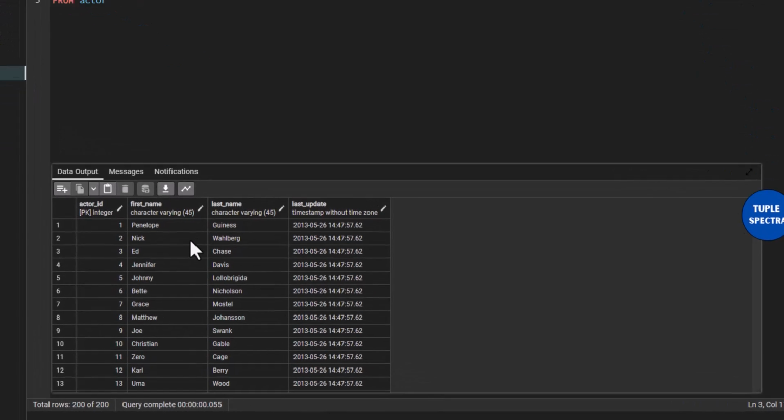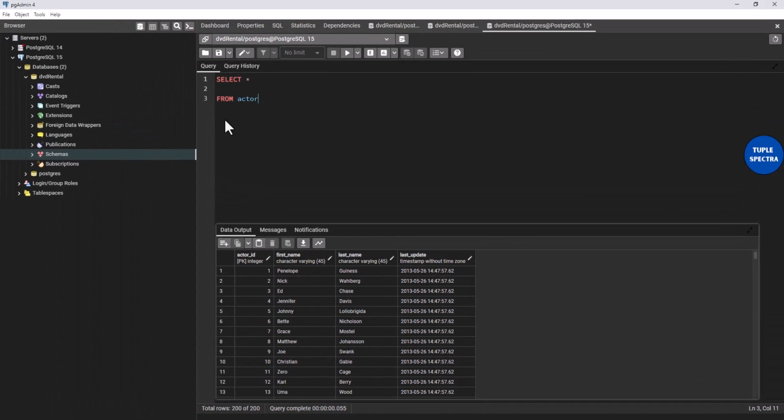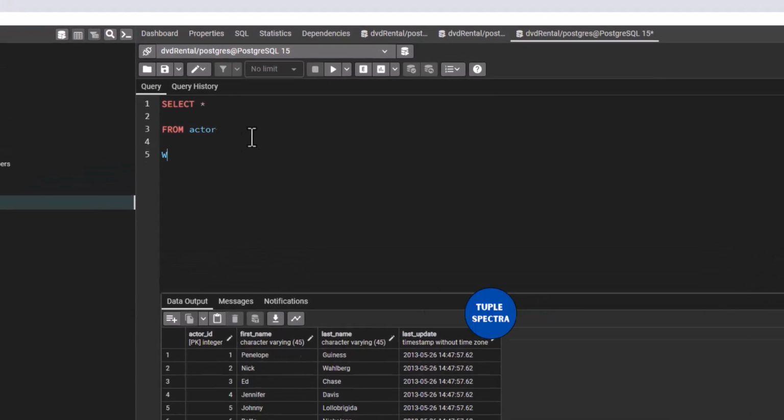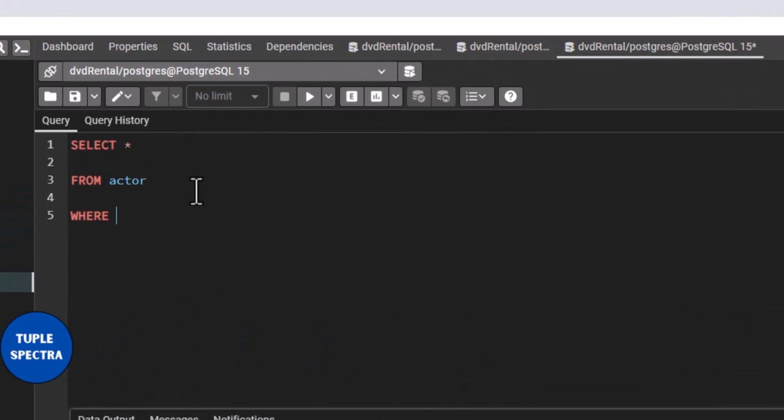Now let us take a look at this. If you are using the LIKE operator, you use it in conjunction with the WHERE clause, which I have also taught you previously. So you write WHERE first_name LIKE, then you put a quote. What is the pattern we are trying to match?